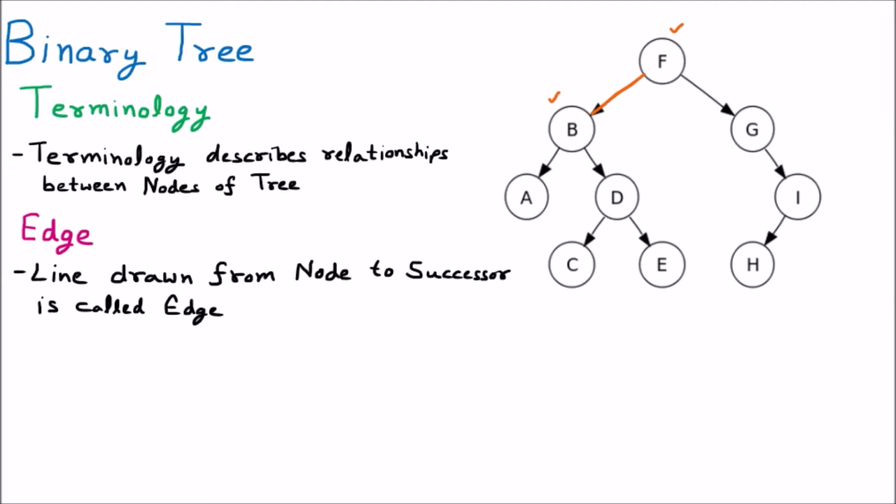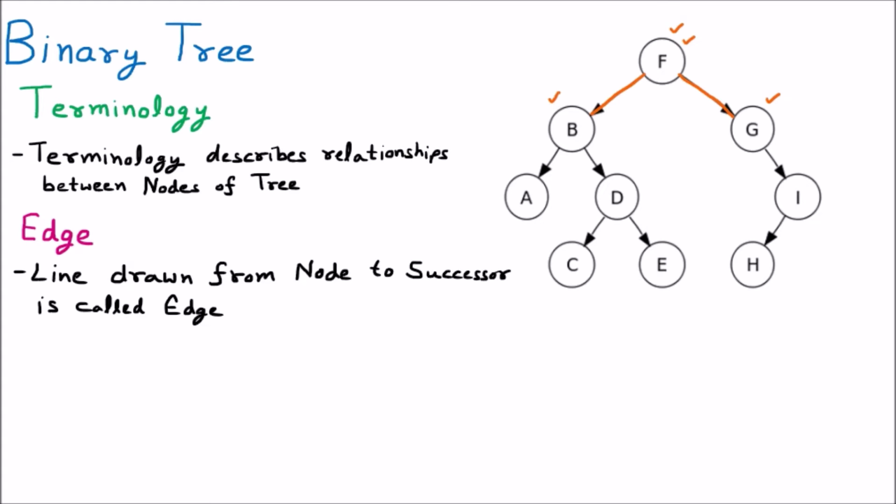This line drawn is called the edge. Similarly, from node F to node G, this is again a line drawn, again an edge. Similarly, all others are the edges drawn from a node to its successor.